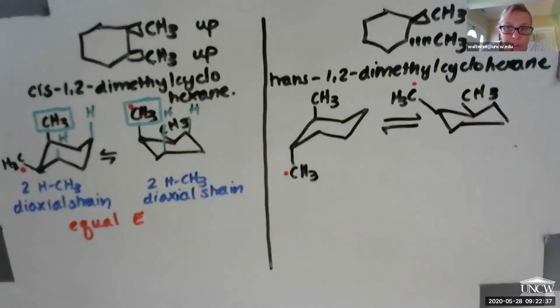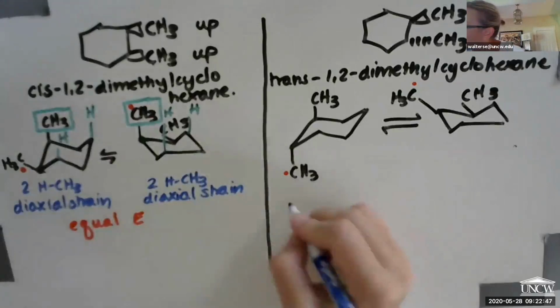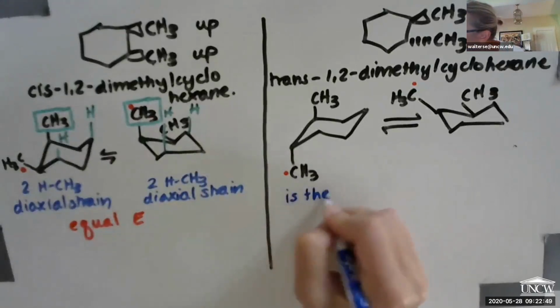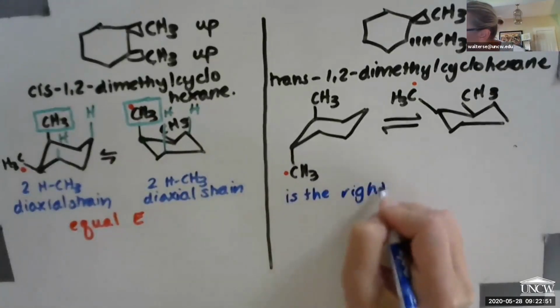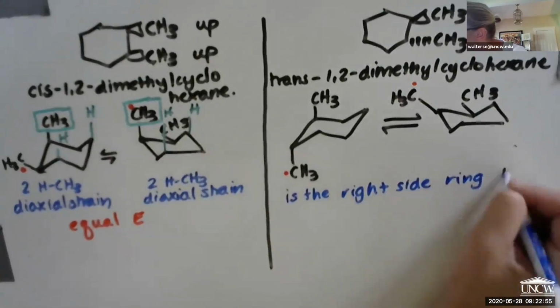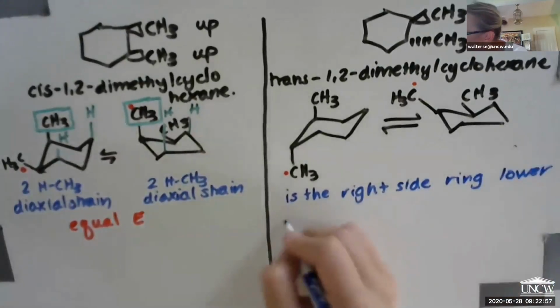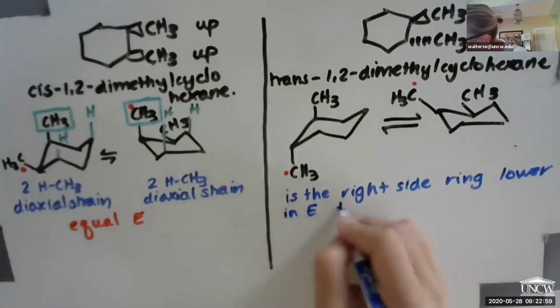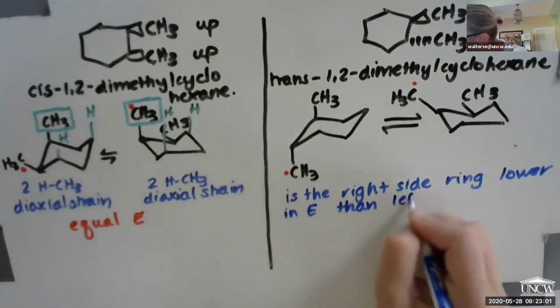So if you could go to the participants place on your screen, I'm just going to write a question and then you just answer it yes or no. Is the right side ring lower in energy than the left ring?